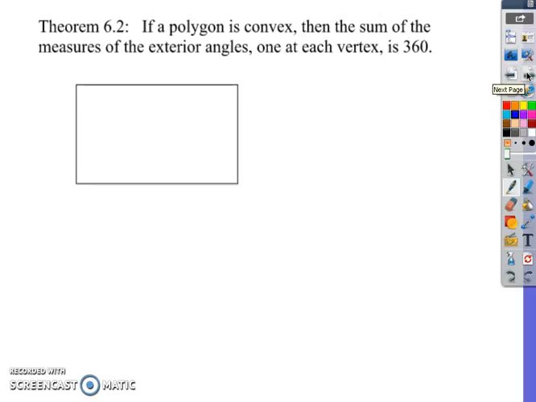All right. The last one here is really simple. If the polygon is convex, then the sum of the measures of the exterior angles, one at each vertex, is 360. Okay? And again, exterior angles are, if I did this, that's 1, that's 2, this is 3, and that's 4. The sum of those measures is going to be 360 degrees.